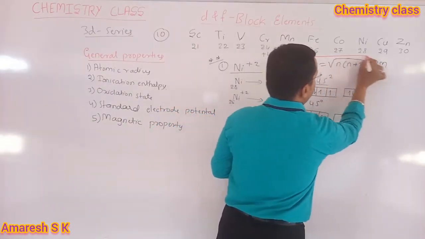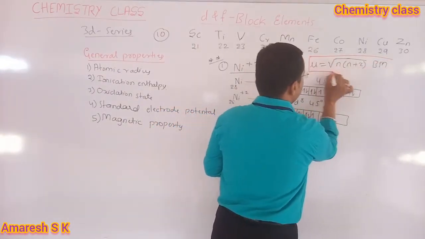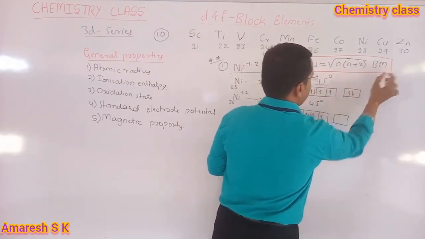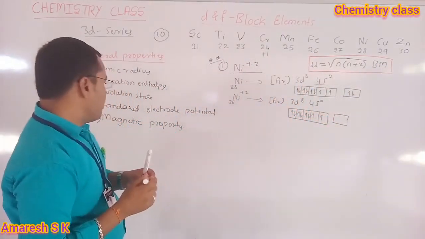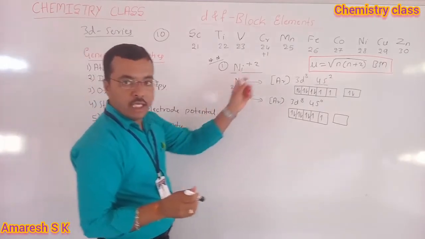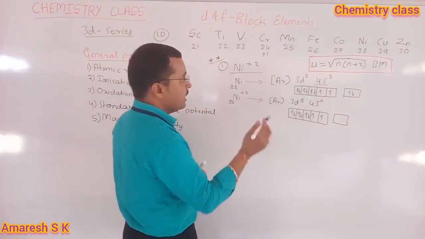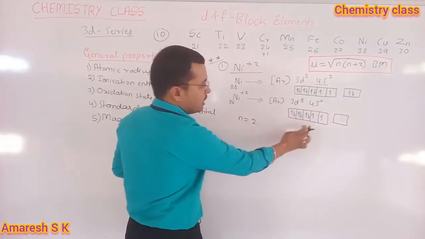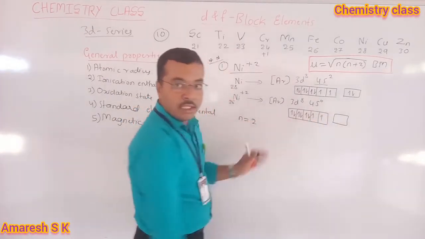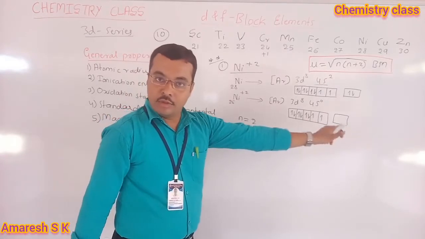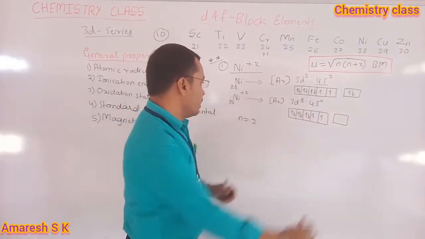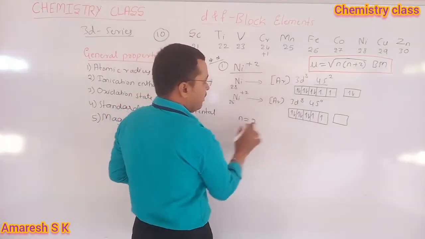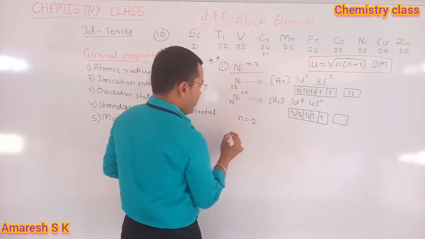This is the formula. In this formula, now we are calculating the magnetic moment here. What is the value of n? n is equal to 2 because 2 unpaired electrons are present in the outermost shell. Then substitute the value n is equal to 2 in the above equation.